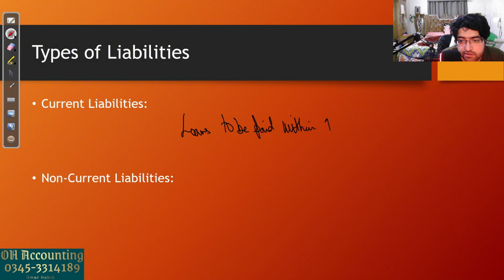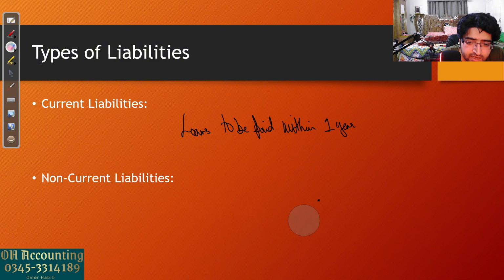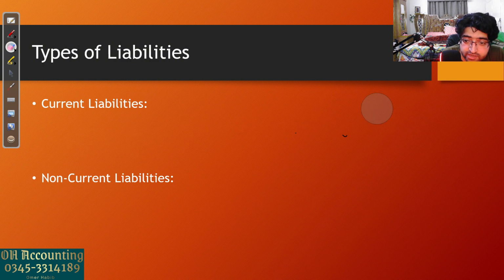And non-current liabilities are those loans that are to be paid after 1 year. Which year? Accounting year. Okay, it can be any one accounting year. So very simple and straightforward, nothing tricky in this. Loans that you have to pay within 1 year are your current liabilities.